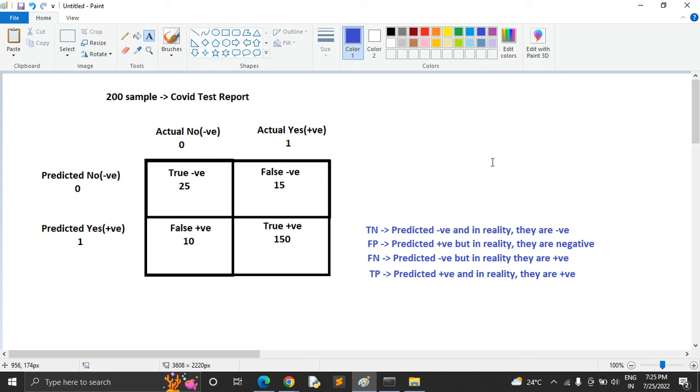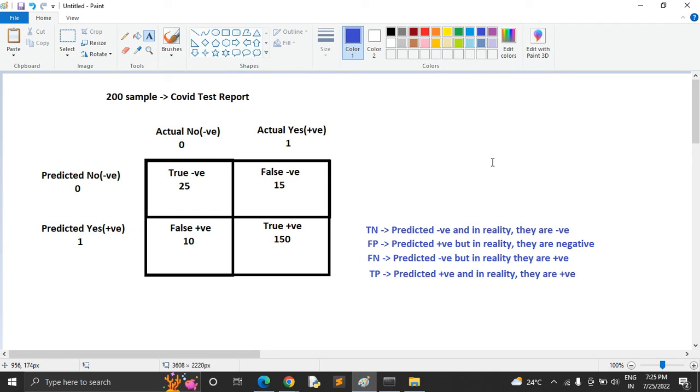Then there is something called false positive, where your model has falsely identified a few people as COVID positive, but in reality they are not COVID positive. Then we have false negative. Now this is the situation where your model says that the patients are COVID negative, but in reality they are positive, right?